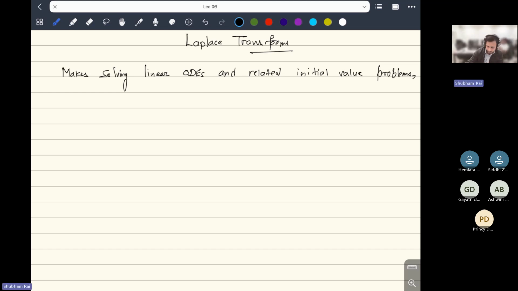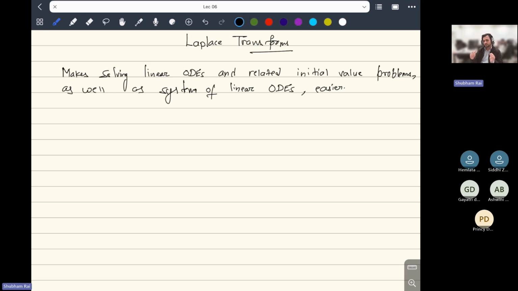Okay, so it makes solving linear ordinary differential equations and related initial value problems, as well as systems of ordinary differential equations, easier. A system of ordinary differential equations means you have more than two ordinary differential equations, and they are coupled.